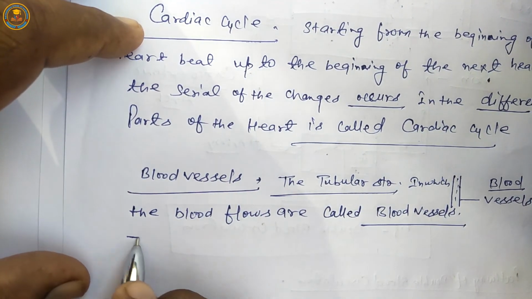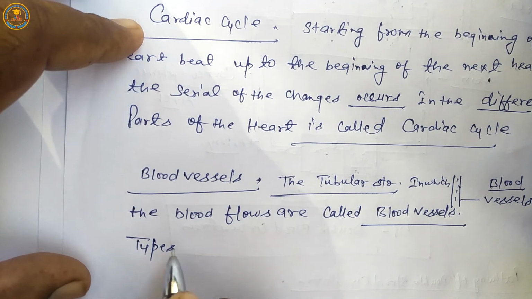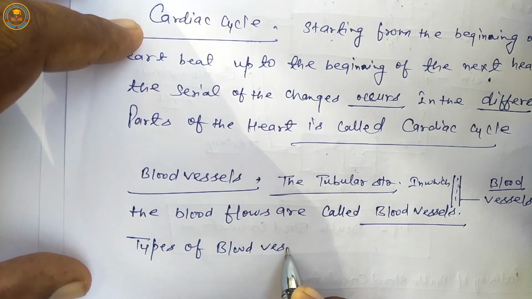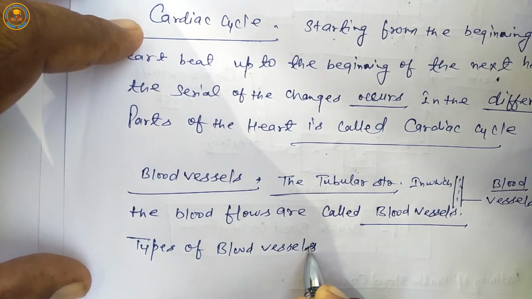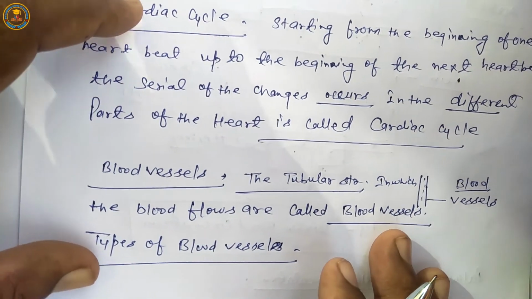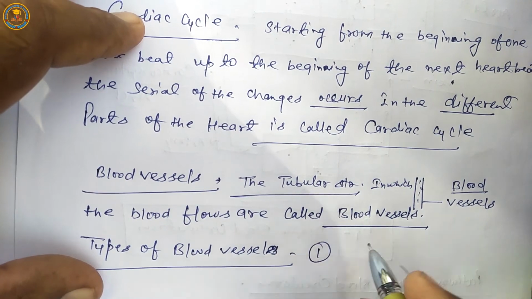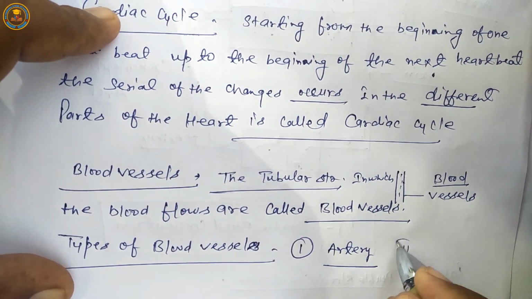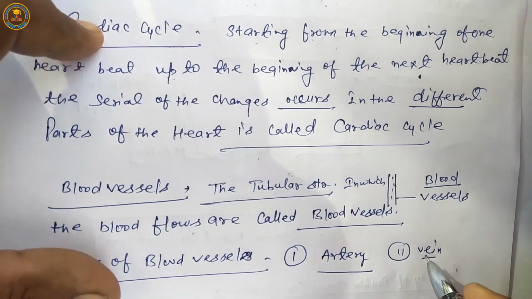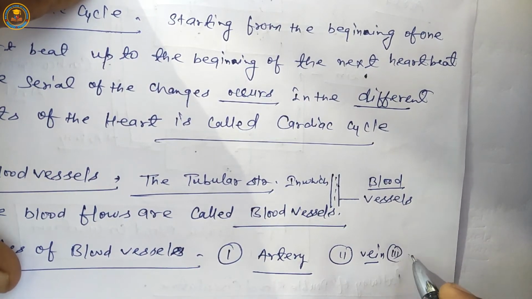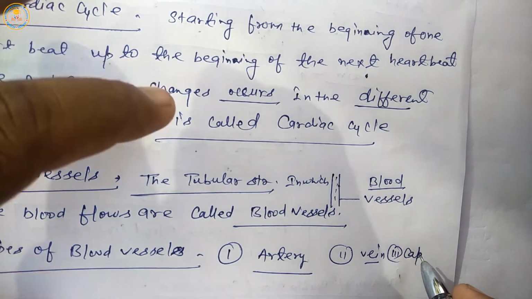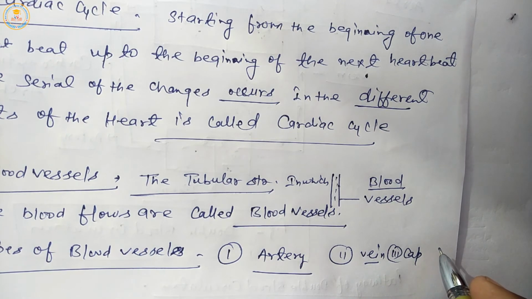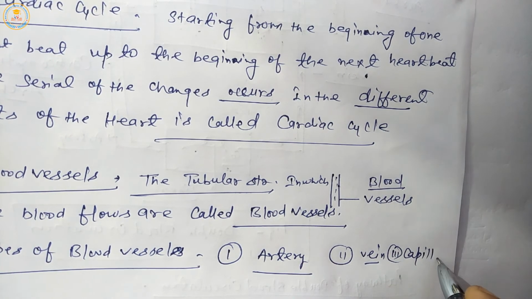Next is types of blood vessels. Students, mostly there are 3 types of blood vessels in humans, but according to the class 10th book, 2 types. First is artery, second is vein, and third is capillaries. Once again, arteries, veins and capillaries.